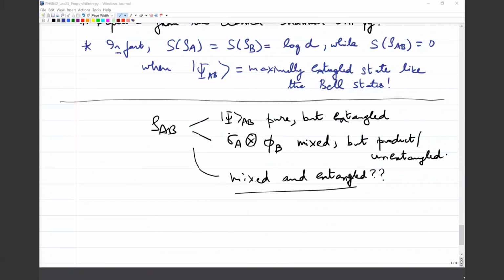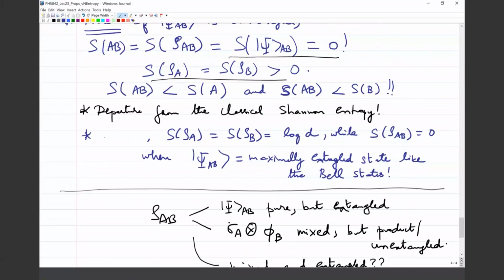By the way, it does not mean that this is always the case. Basically, it means that you don't have a neat relationship between the joint and the local entropies. You can have any which way. You can have states where the joint entropy is greater than the individual entropies, states which behave more like classical distributions, and then you can have this scenario where this happens.